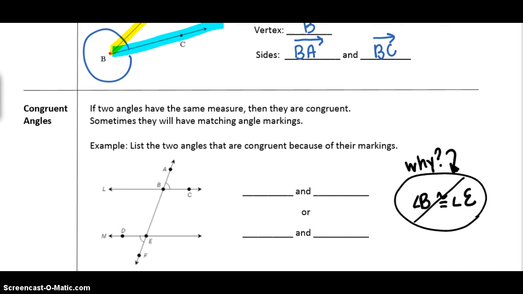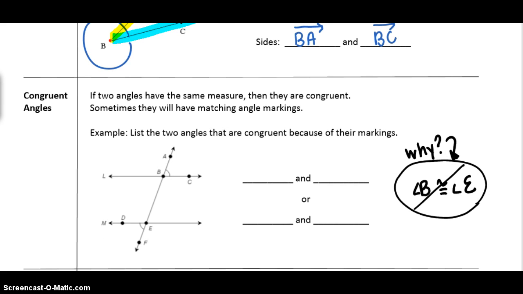Let's talk about congruent angles. So congruent means the same or equal. So if 2 angles have the same measure, they're congruent, and sometimes they'll have matching angle markings. So let's look at the example. List 2 angles that are congruent because of their markings. Now we're going to use this picture here, and we're just going to look at the markings. And you should see this mark and this mark.